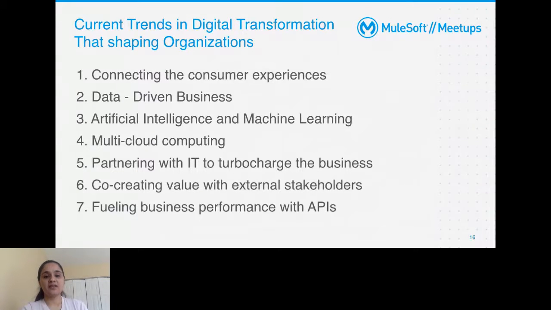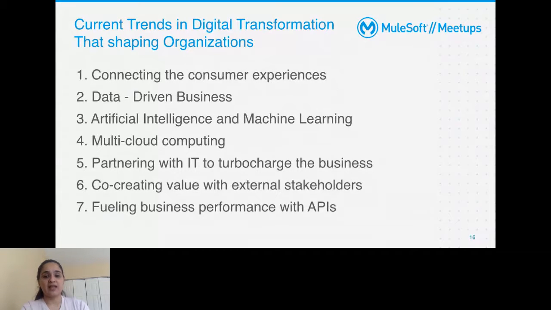The seventh one is fueling business performance with APIs. We all know why APIs: CIOs need to make data accessible and discoverable in the organization. APIs are the best way to provide data and services, and they can be reusable assets, so data and services will be very easily available to any part of the organization.